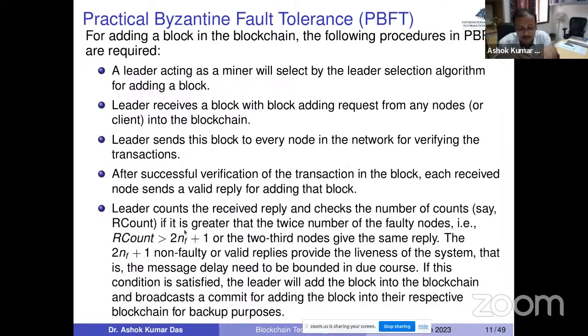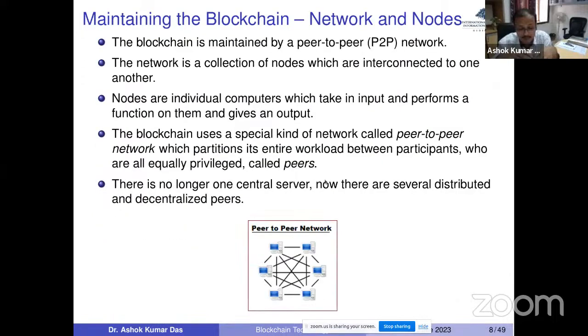In this algorithm, we need a leader out of the n nodes in the network. So we require a leader selection algorithm. That algorithm can select one of the nodes as the leader node, known as the miner node. Or, for simplicity, we can use a round robin policy algorithm to select nodes one by one as the leader node.